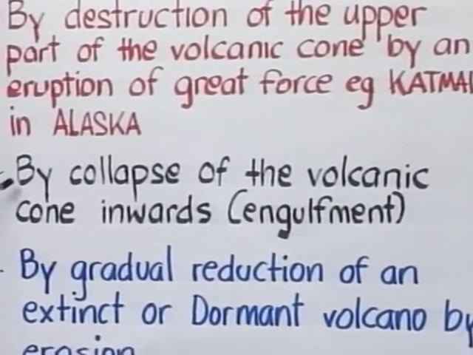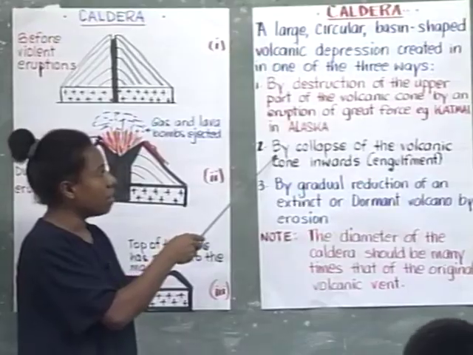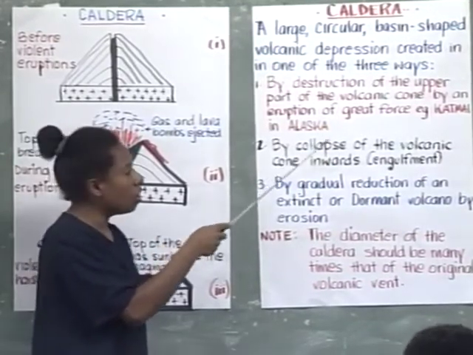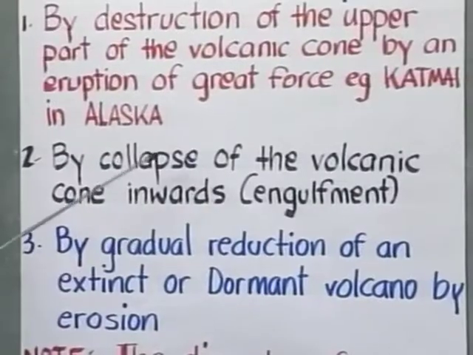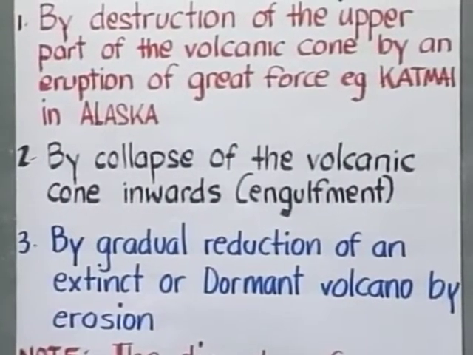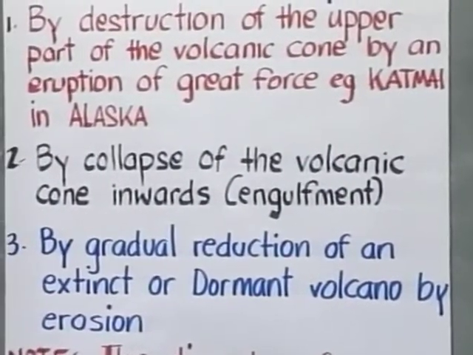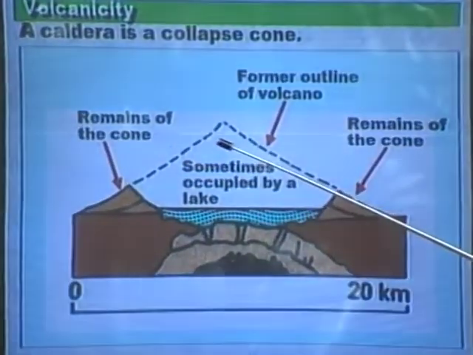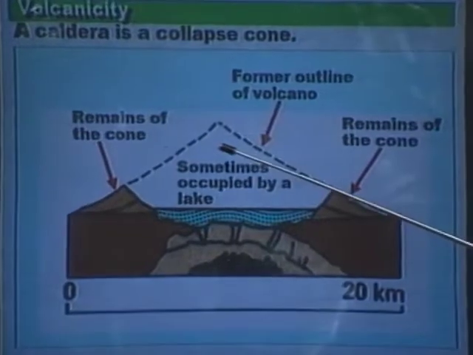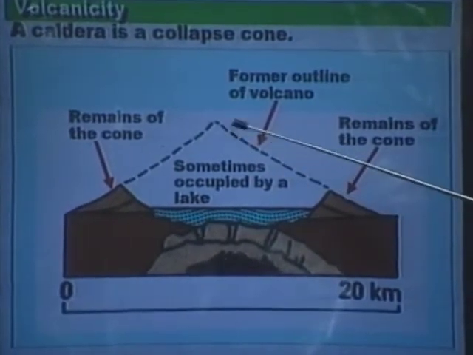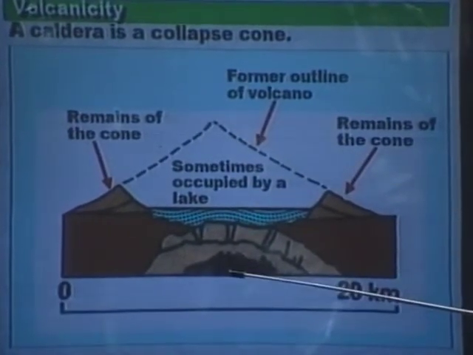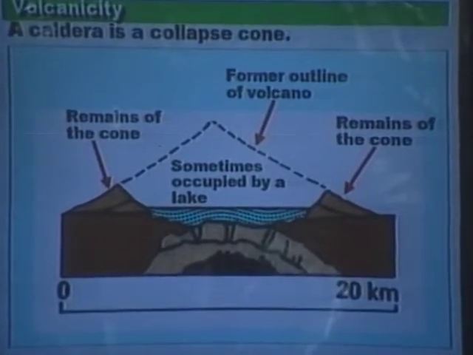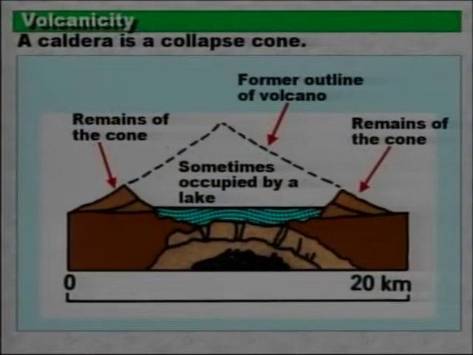The second way in which a caldera can be formed is by the collapse of the volcanic cone inwards, or the engulfment of the volcanic cone. So this time, we still have the line here showing originally where the sides of the volcano were, and due to the collapse, all of that area was engulfed inwards, resulting then in a depression. And that's the second way in which a caldera can be formed.